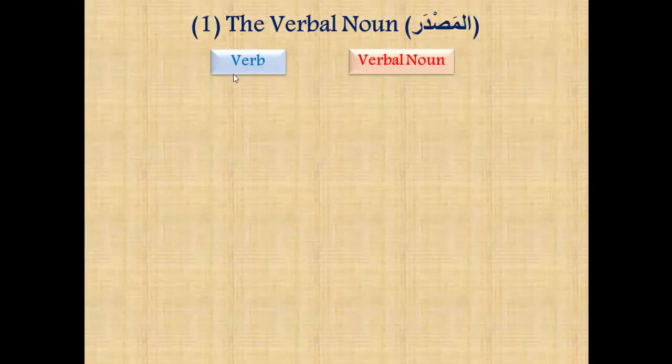Now let's look at some examples of verbs and their associated masadir in Arabic. Hopefully this will give you a better idea of what the masdar actually means. The verb balagha yablughu means to come or to arrive. Its associated verbal noun, masdar, is al-bulugh, which means the arrival.